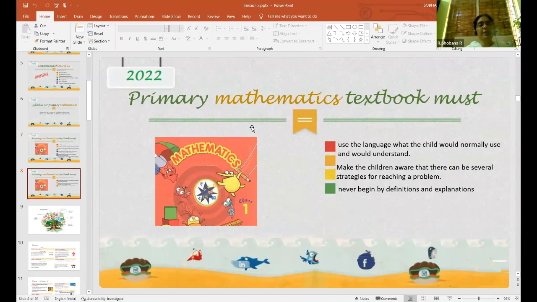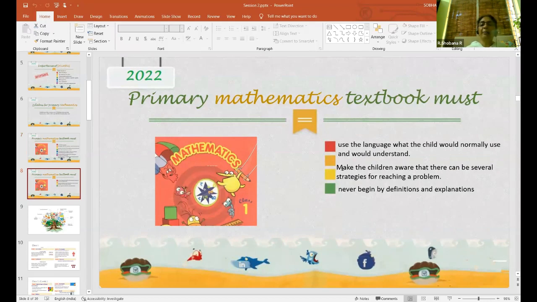Rather, it must be made for the audience. Who are the audience? They are the children who are in class 1, 2, 3, 4, and 5. So the books must use the language that the children can understand, and they can read the book without the help of the teacher or an adult.